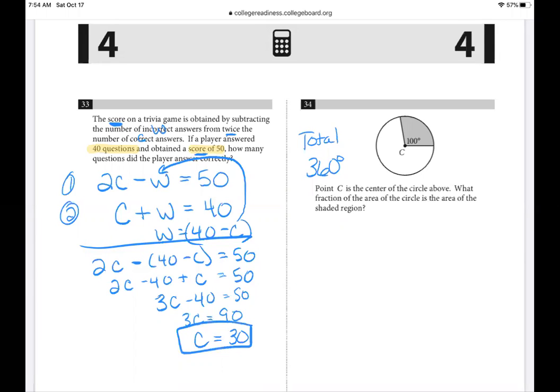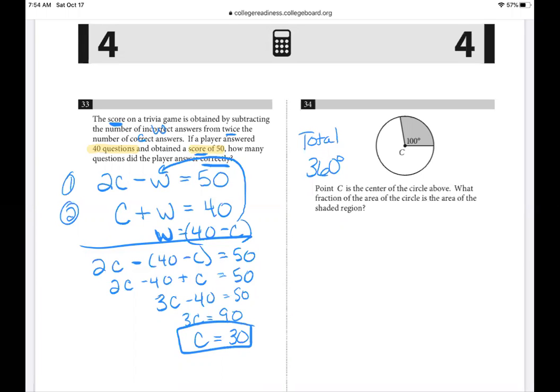So if you were planning ahead for this, as far as the substitution goes, this did work out nicely this way because we were solving for C, the number that they got correct. So I actually had to substitute in for W, the number that we got wrong, so that I could solve for C first. So kind of a little shortcut built in.